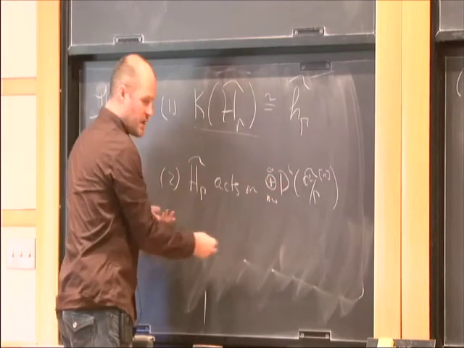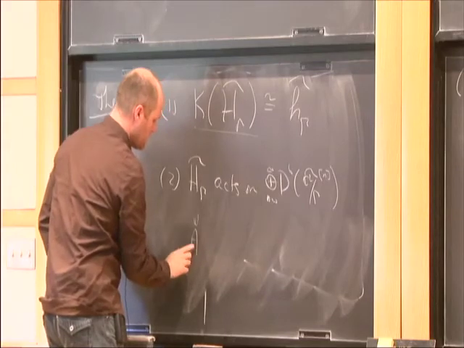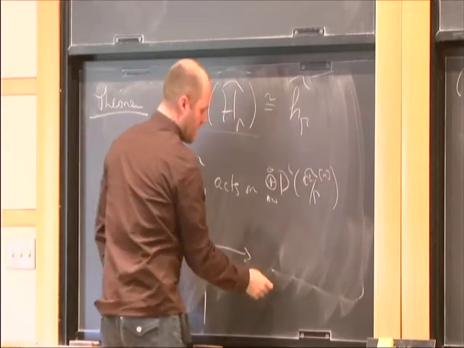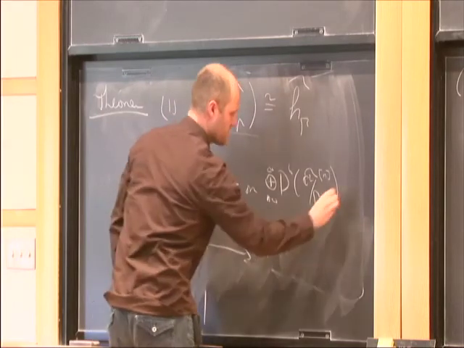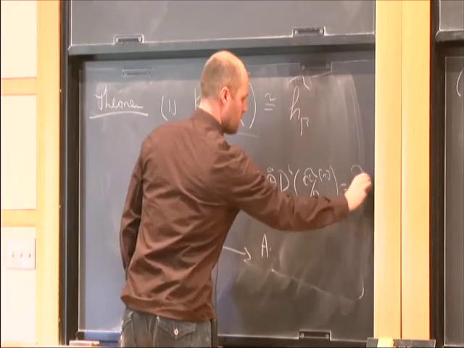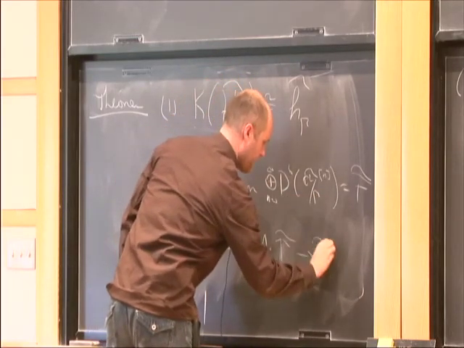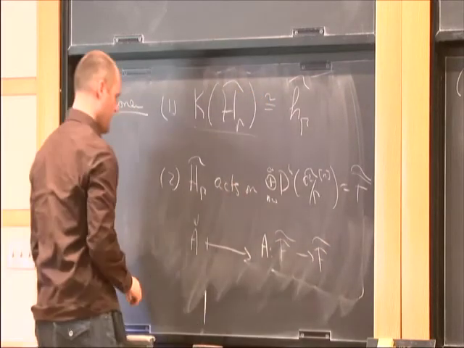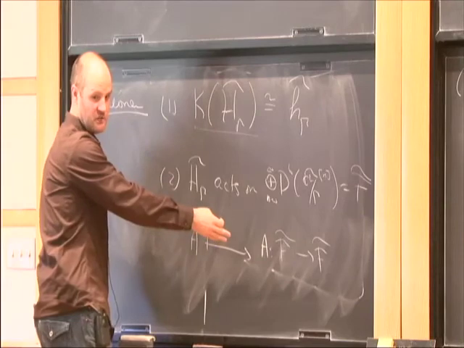What it means is that to every object here, you need to assign an endofunctor of this category. Let's call this category big F. So you need to assign an endofunctor, and to every morphism here, you need to assign a natural transformation of functors.